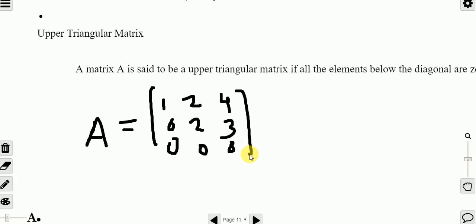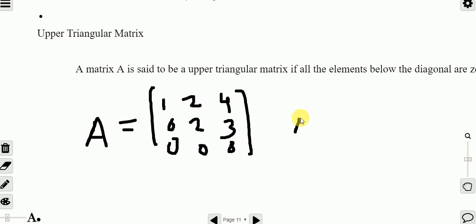Please note all the elements on the diagonal and above the diagonal are non-zero, but all the elements below the diagonal are 0. So this is the upper triangular matrix, triangular because the non-zero terms form a triangle on the upper side of this matrix. So this is an example of an upper triangular matrix.